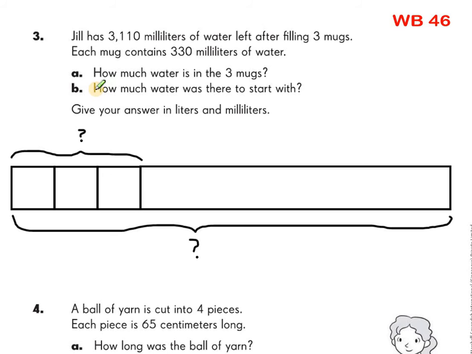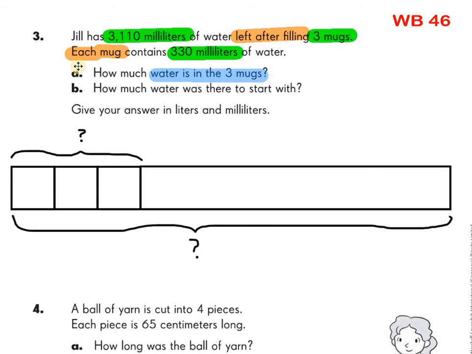So in step 2, I'm going to figure out how much water Jill started with before she started filling up the mugs. Okay, I'm going to mark the key words. So pause. Okay, that's the key words. So go ahead and see if you can solve step 1, which is labeled here with an A. Okay, there's the information I need to solve the first step.